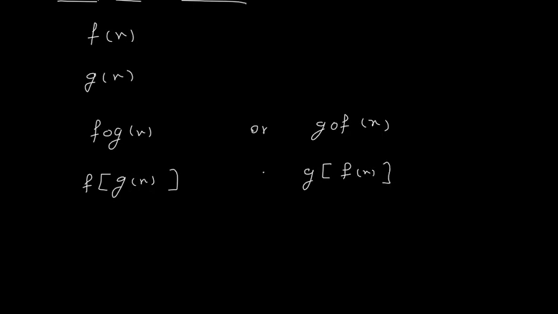So what do you understand here? Here f is a function of x and g is also a function of x. But when I say fog, composite function, then f is a function of g(x), where g(x) is itself a function of some other function. And when I say gof, then g is a function of f(x), where f(x) is a function of x.